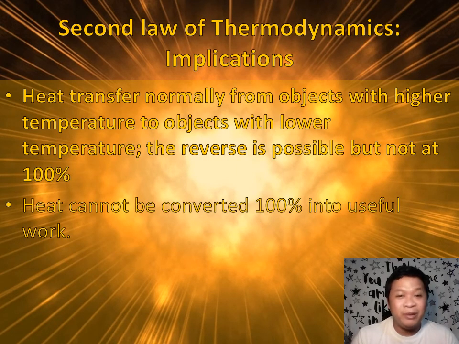So what are the implications of the second law of thermodynamics? First is that heat transfer, as we know from experience, is from objects with a higher temperature to objects of a lower temperature. And the reverse, although possible, because that is the basis for refrigeration and air conditioning, could not be done 100%.